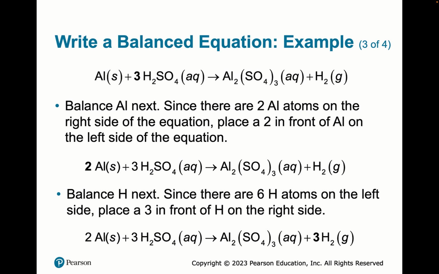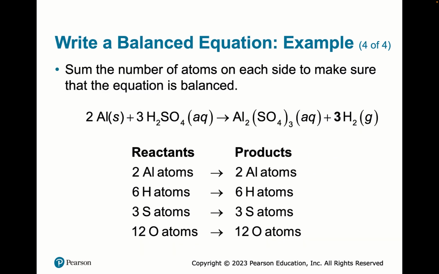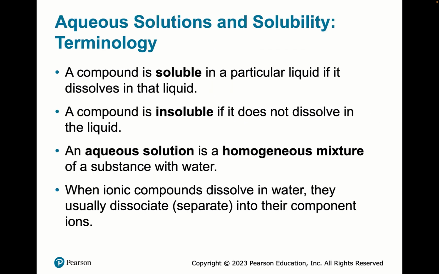So there are 6 hydrogens on the left side, and on the right side, H2 gas. Then you have to put a 3 in front of that. So now you have 2 aluminums, 6 hydrogens, and 3 sulfate units on both sides of the equation. So it's balanced. I did it by looking at the sulfate units. Of course, if the polyatomic ions are not the same on both sides, then you have to be a little more exact on how you do this.